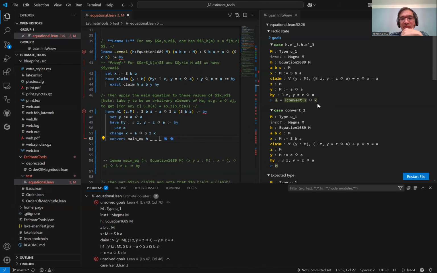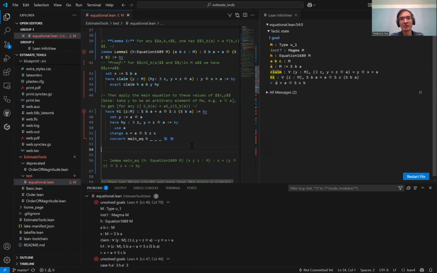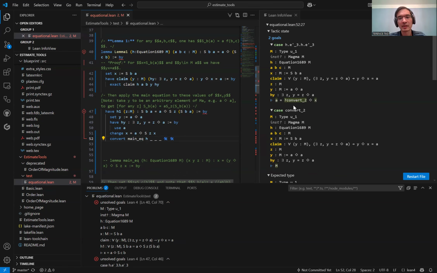Why is A something times X? Okay, X is SBA, and I know that, so I have to do a calculation. I need to show A is something times X. X is SBA. I have my main equation. A is equal to SBA. Oh, that looks promising.